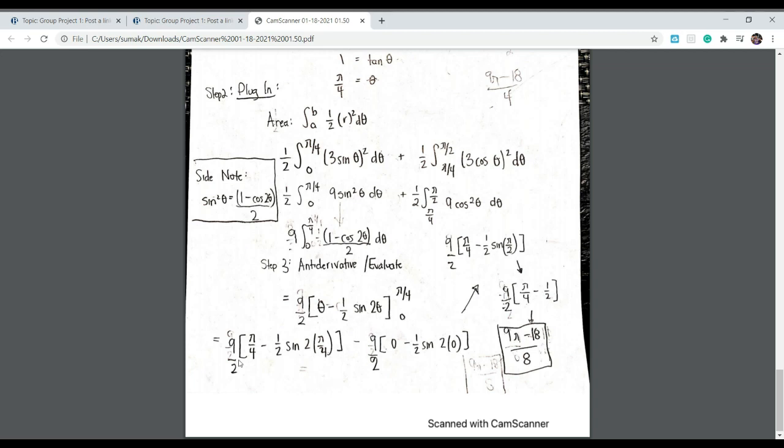We plug in pi over 4, so we get 9/2 times pi over 4 minus 1/2 sine 2 times pi over 4. And this sine term is just going to be 1, so we get 9 over 2 times pi over 4 minus 1 over 2. And we get 9 pi minus 18 over 8. So yeah, those are the two problems.